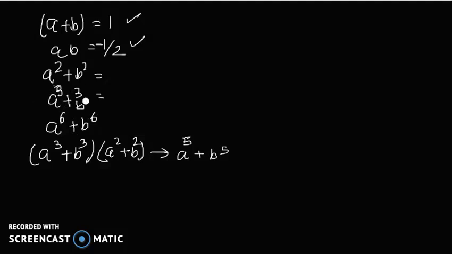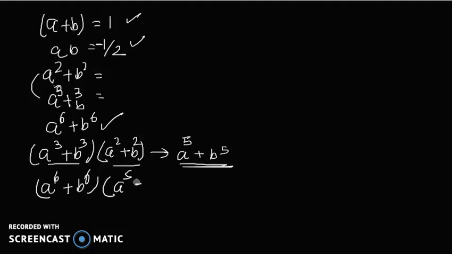Then I squared it and got this, and finally a cube plus b cube and a square plus b square gave us a5 plus b5, and in the last step I multiplied a6 plus b6 times a5 plus b5 to get the answer.